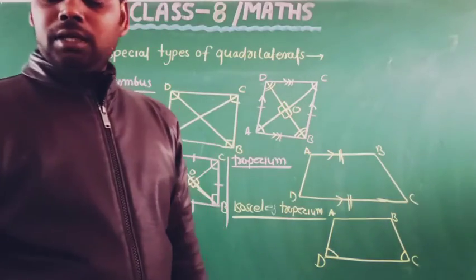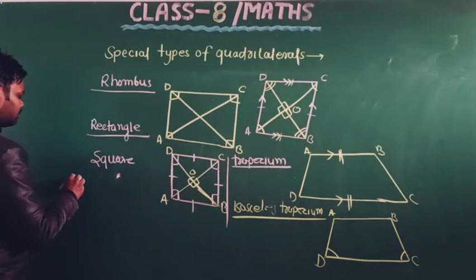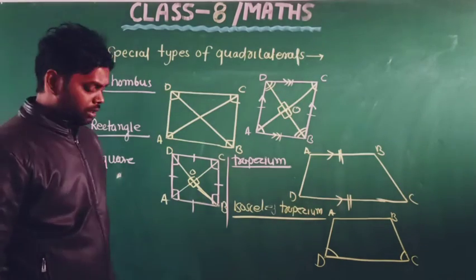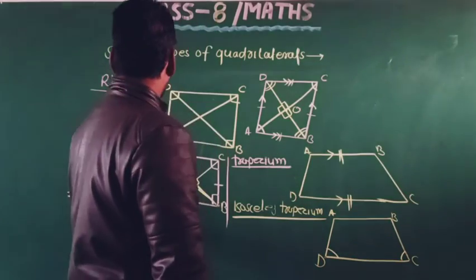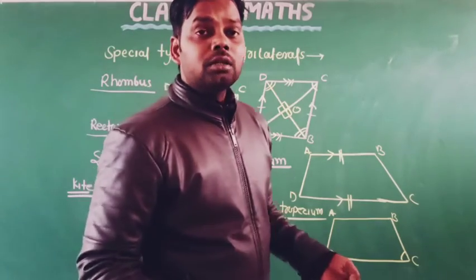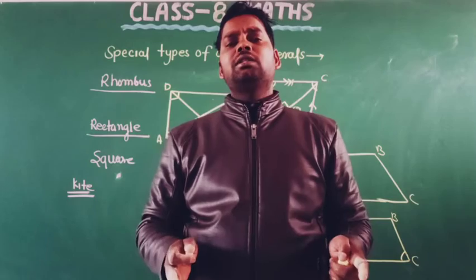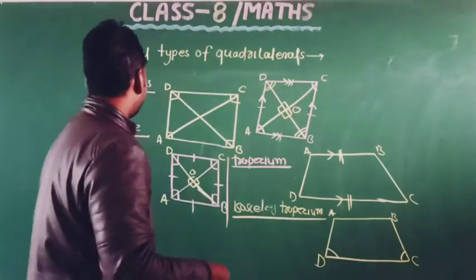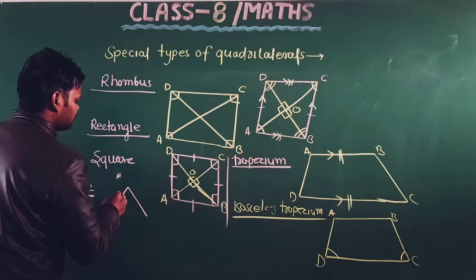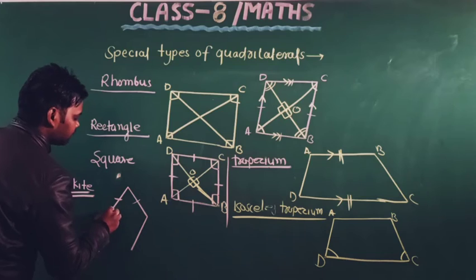Okay, and kite. A quadrilateral is called a kite if two pairs of adjacent sides are equal.